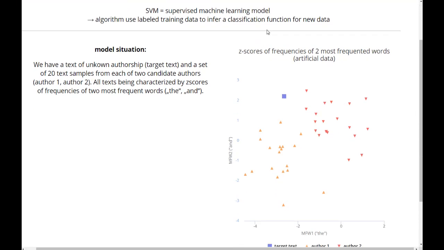So, a model situation, once again: we have a text of unknown authorship, the target text, and a set of 20 text samples from each of two candidate authors. Author 1 is the orange one, and author 2 is the red one. And then we have a target text here.